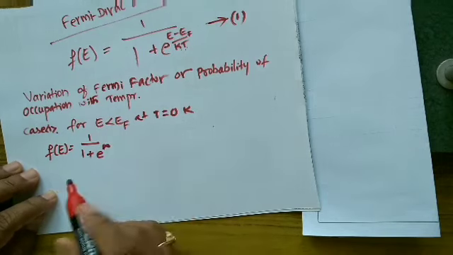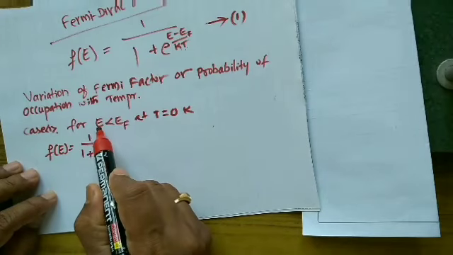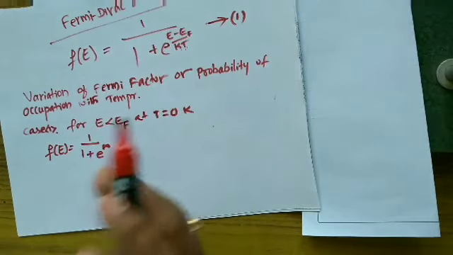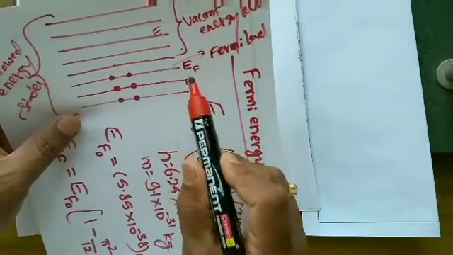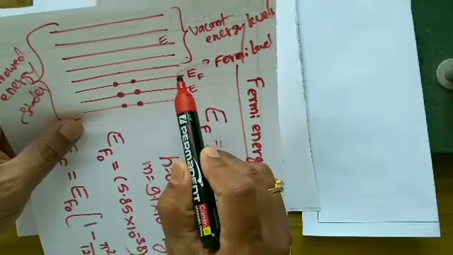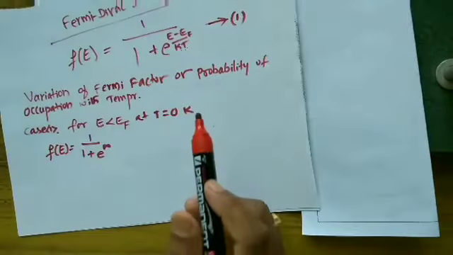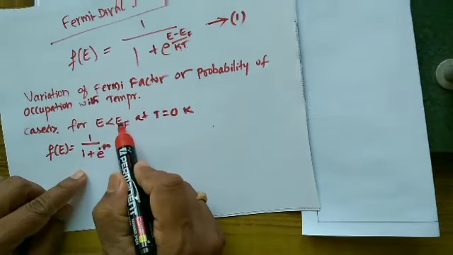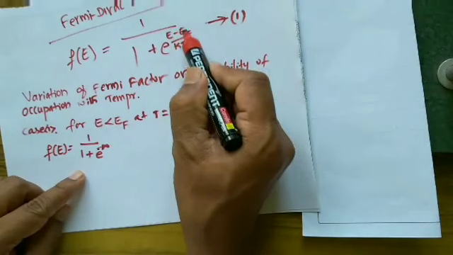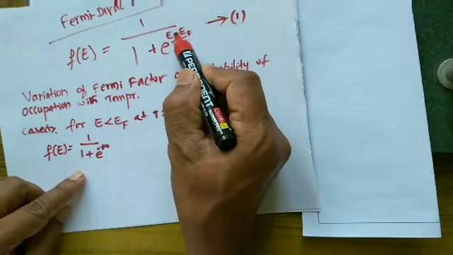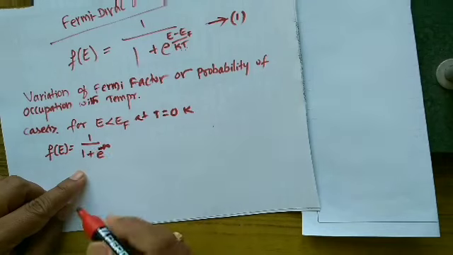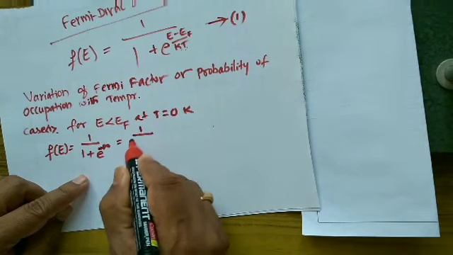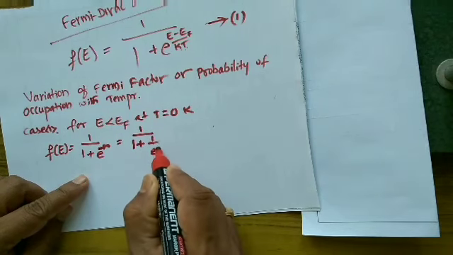But you have to note here that we are taking that E is smaller than EF. That means we are considering an energy level below the Fermi level. In this case, this would be negative. That means EF is greater than E. Here in this mathematical term, if EF is greater than E, it is negative, so that it is e power minus infinity. This can also be written as 1 plus 1 by e power infinity.